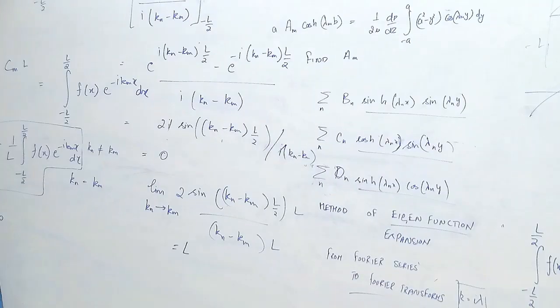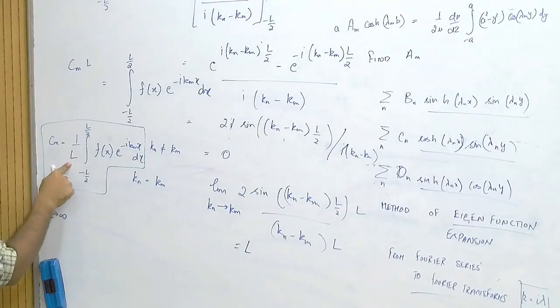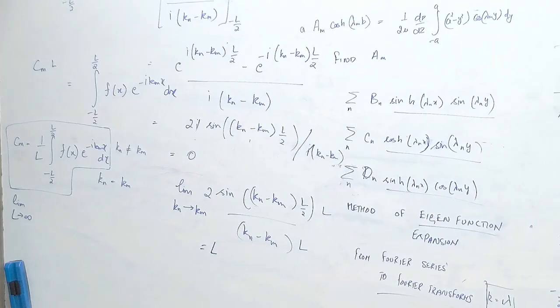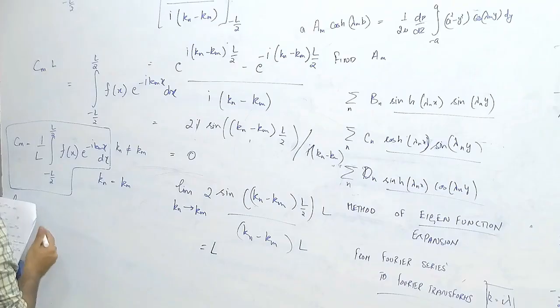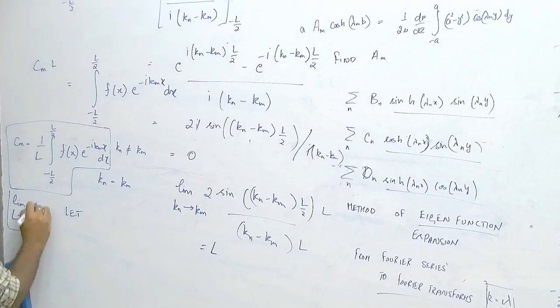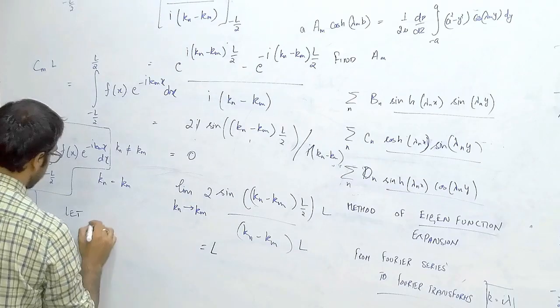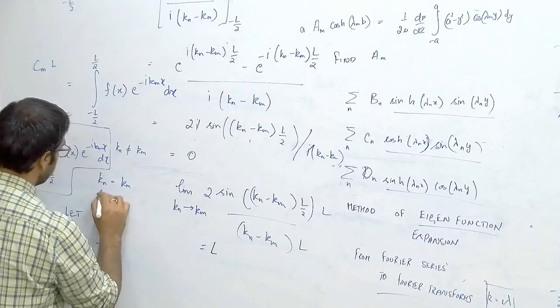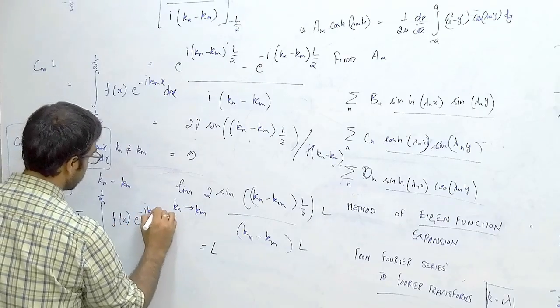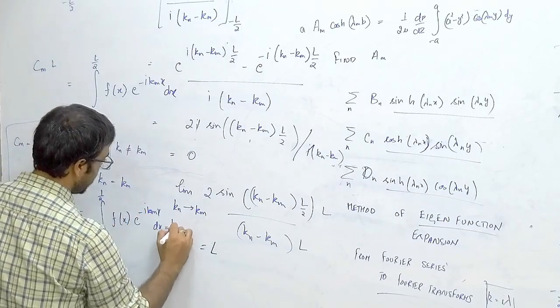So, it's not necessary that when L tends to infinity you will just say, oh, this integral is going to 0, you do not know that. You do not know if this whole expression is going to be 0 in the limit L tends to infinity. So, to define that, what we do is let, in the limit L tends to infinity, the integral from minus L by 2 to L by 2 of f of x e to the power minus i k_m x dx be some h of k_m.